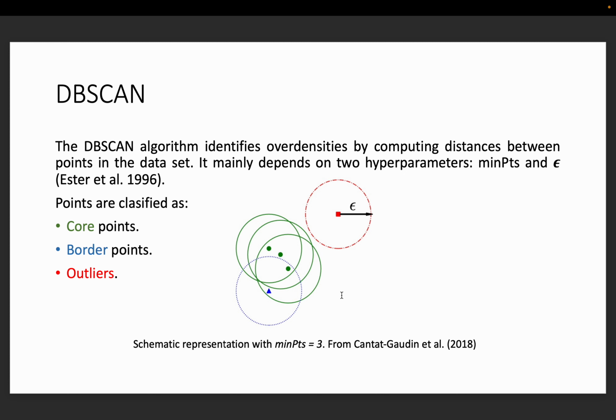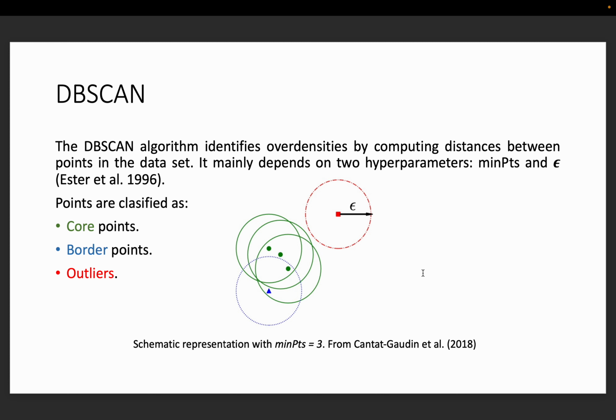The algorithm is very simple. It depends mainly on two hyperparameters, min points and epsilon, where min points is the number of points inside an epsilon region in the data set, to classify a point into three classes: first, core points, border points, and outliers.